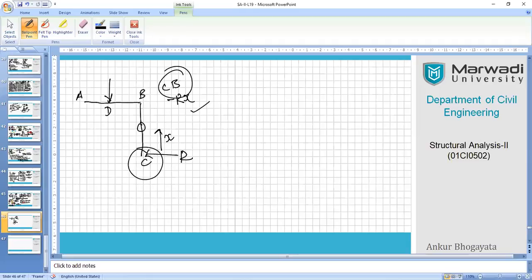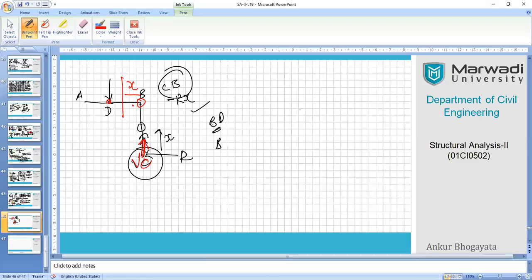Now, when we started from B to C, our segment becomes now B to D, sorry, and B is the origin. So now we have to consider VC as the force, right? VC as the force. Let me change the color also so that you see clearly. VC as a force for the D to B segment. And here we are standing somewhere, this is the X distance.